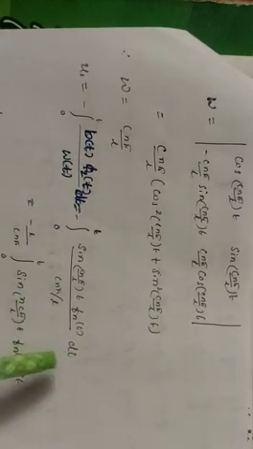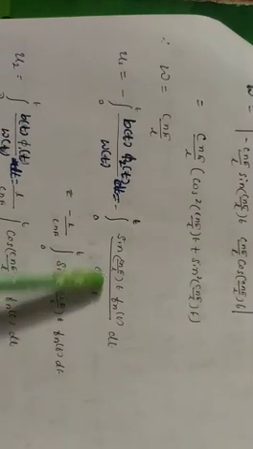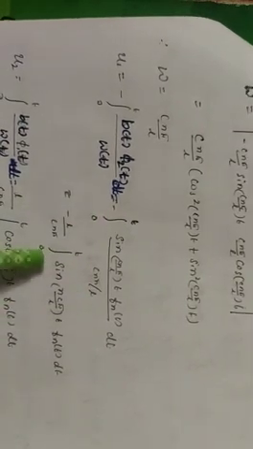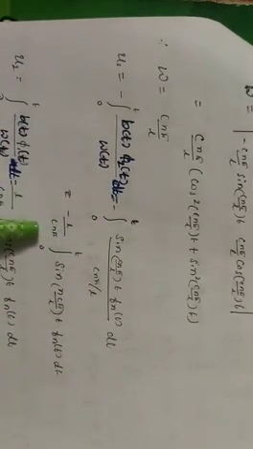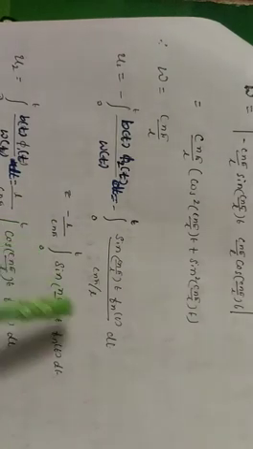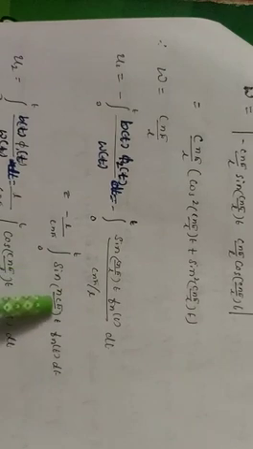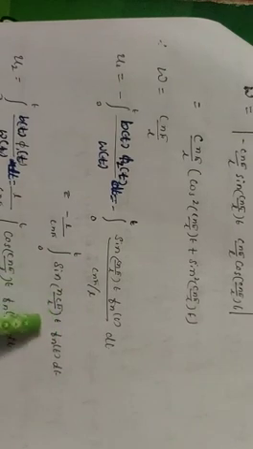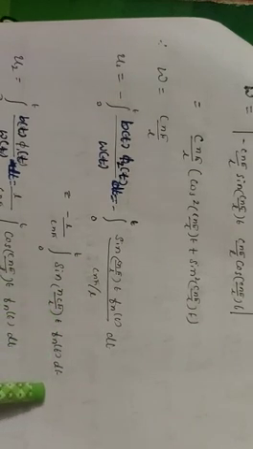Taking the constant out of the integration, we get minus l over cn pi into integration from 0 to t sin cn pi over l into t into fn of t into dt. This is the u1 value.